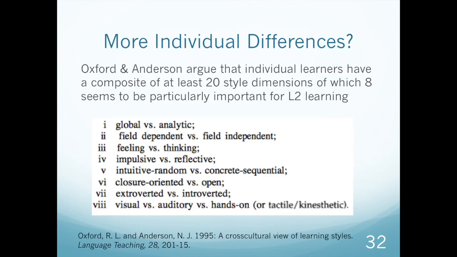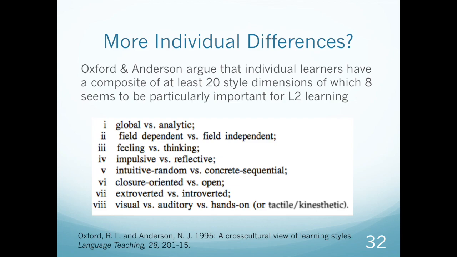More on individual differences, there are 2 researchers, Oxford and Anderson, that have in fact identified a number of 20 style dimensions, of which 8 seem to be particularly important for L2 learning, and they have put them in pairs.